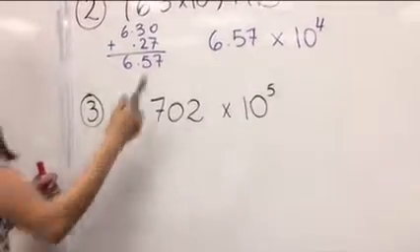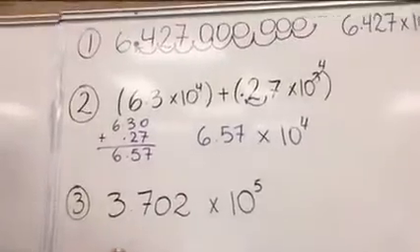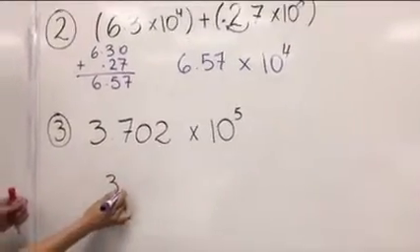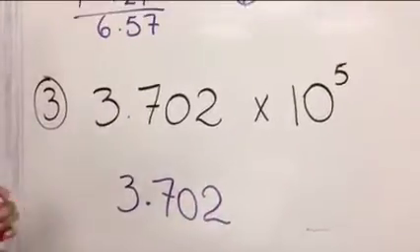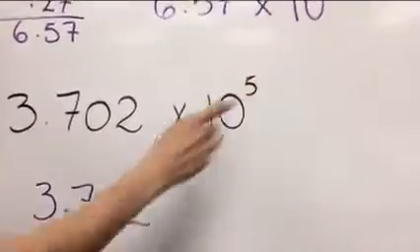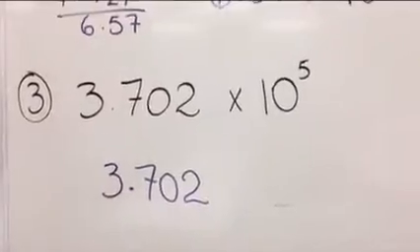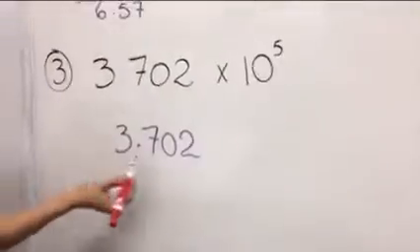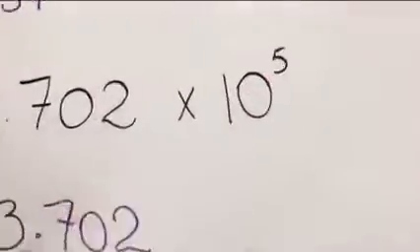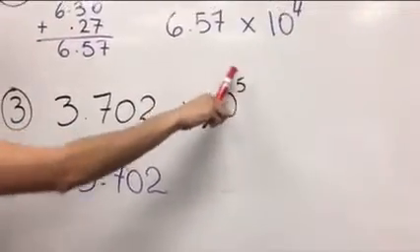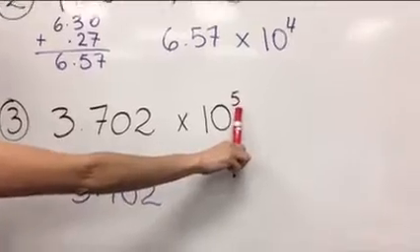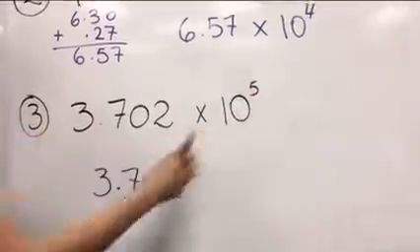Problem number 3 is asking me to write this in standard form. Well, that's quite the opposite of what I was doing over there. So if I have 3.702 and I want to write that times 10 to the 5th as in standard form, what I'm going to do is I'm going to move this decimal point however many times my exponent tells me to. So my exponent is telling me to move to the right because this is positive 5 times.